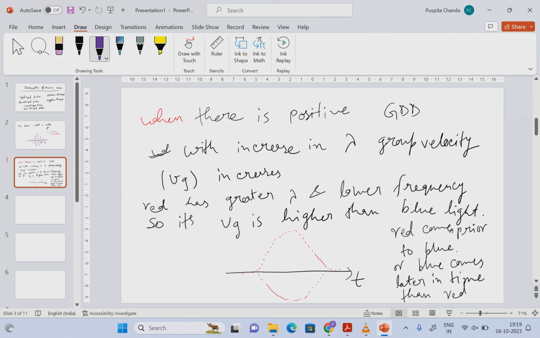Here this is the time scale. This is less time and this is more time. So red has come before the blue.